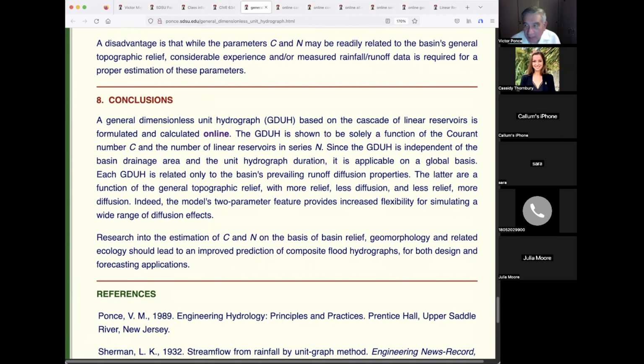Remember, I brought the issue of runoff diffusion back in '89 for the first time in my book. The word runoff existed, the word diffusion existed, much less usage, but it existed. We kind of put it together because we felt that that's exactly what engineers do: calculate runoff diffusion, less relief and more diffusion. Indeed, the model's two-parameter feature provides increased flexibility for simulating a wide range of diffusion effects.